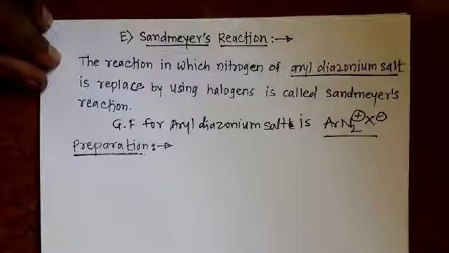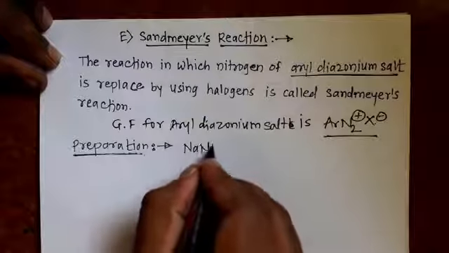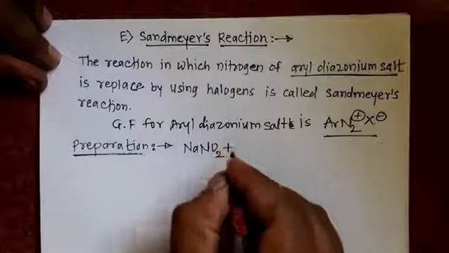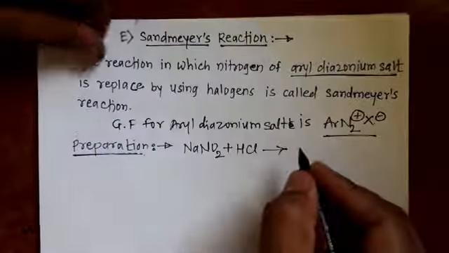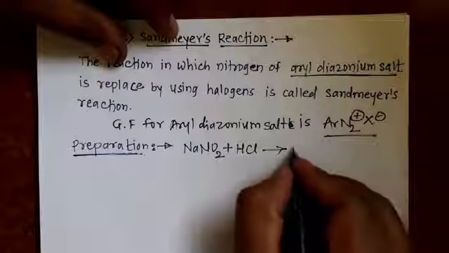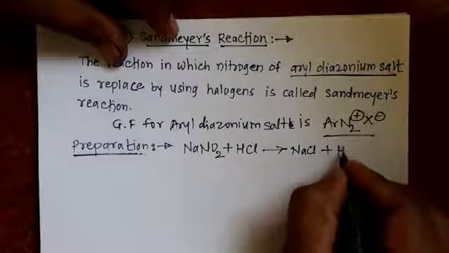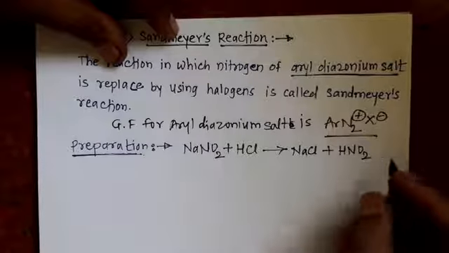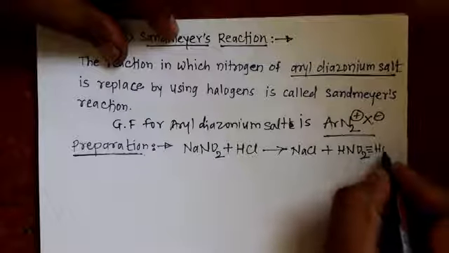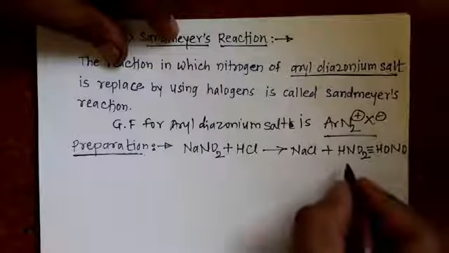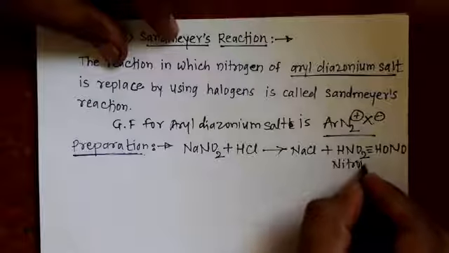Here we take sodium nitrite, and this sodium nitrite when treated with HCl produces NaCl and HNO2. This HNO2 should be written like this, HONO, and this is called nitrous acid.